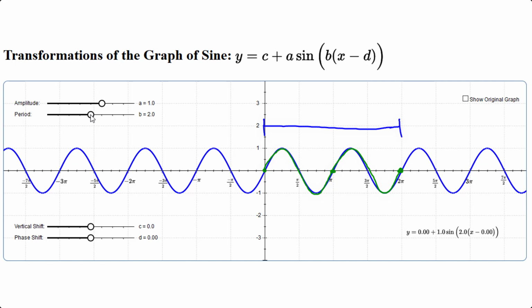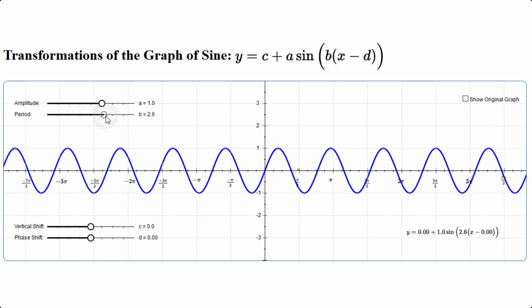That's what the period is measuring, the number of cycles that occur in 2 pi units. If I show the original graph, you'll notice that this wave pattern is repeating at about twice the rate, or about half the amount of time, of the original graph. Okay, if I change that up to 3, then what you would imagine occurs.